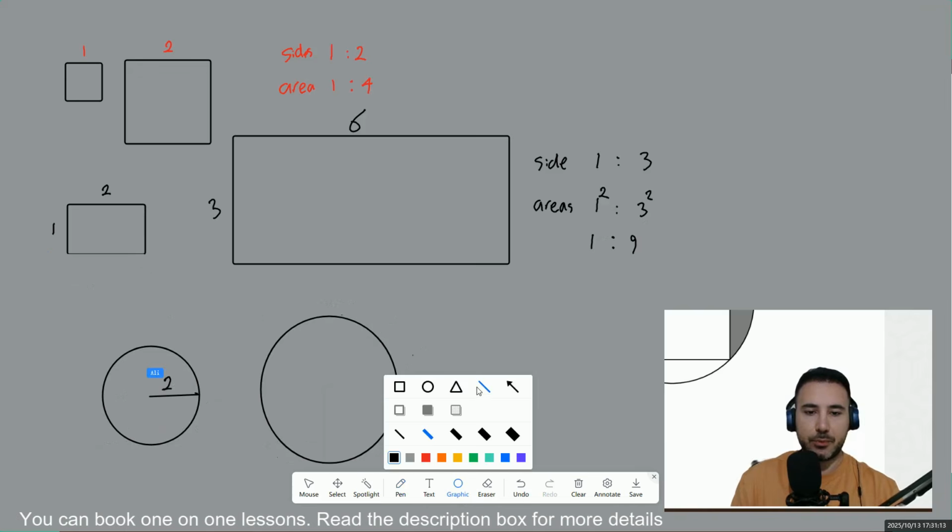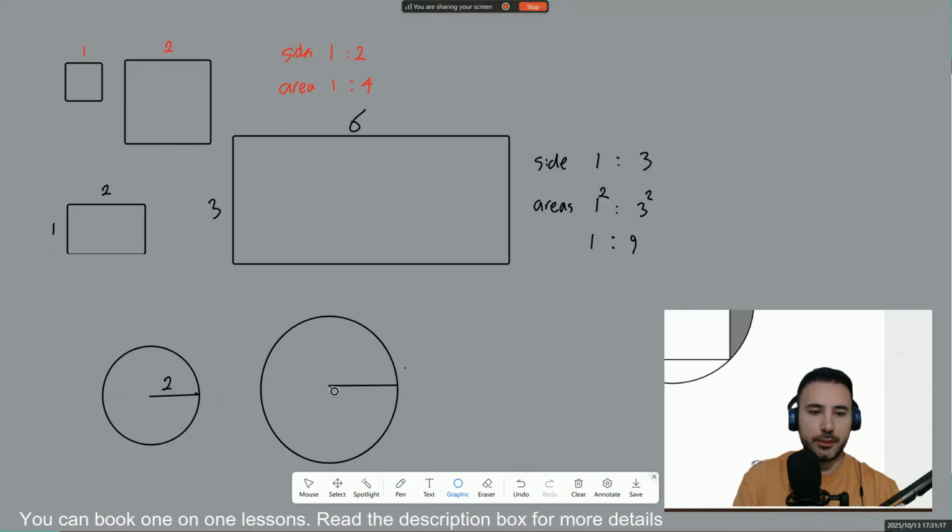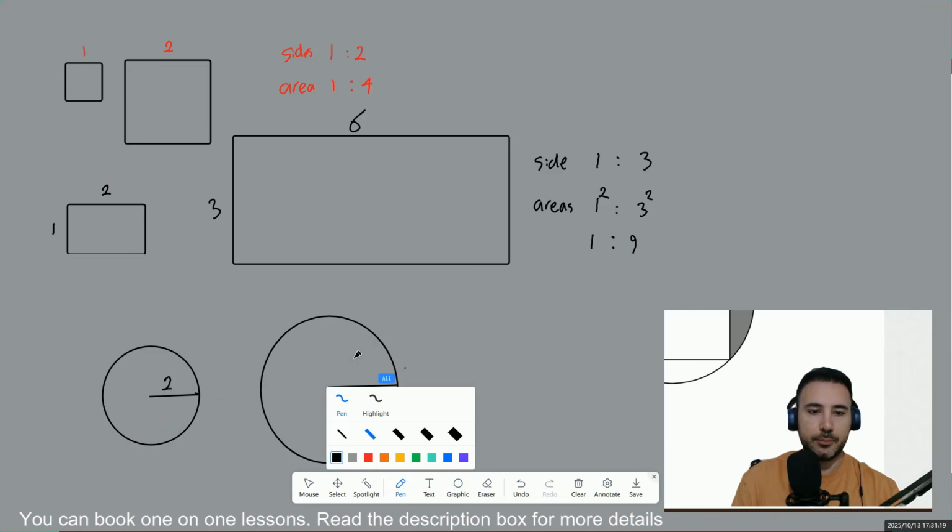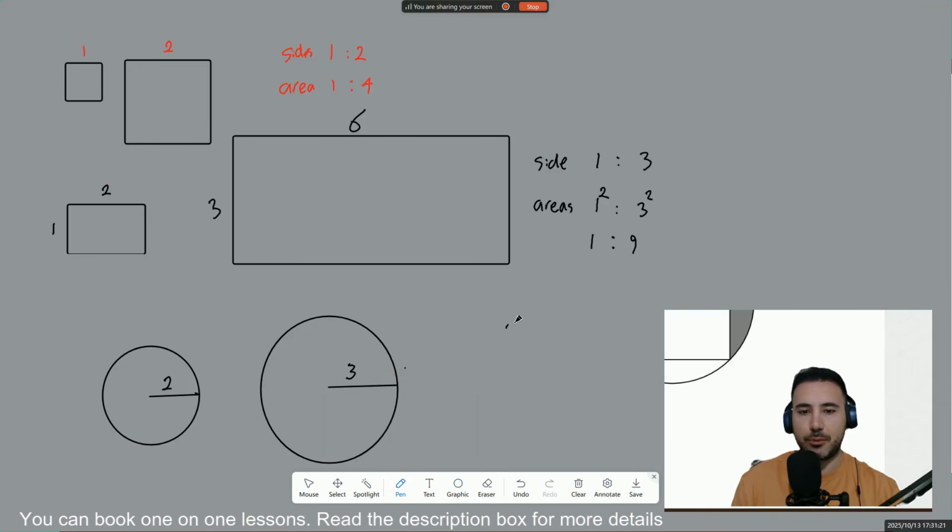This one here is a 3. So the ratio of the sides is 2 to 3. Now, this is for the sides. We just need to square them. What is 2 squared? 2 times 2. So 2 squared is 4. 3 squared, 3 times 3 is 9. So this is the ratio of the areas.